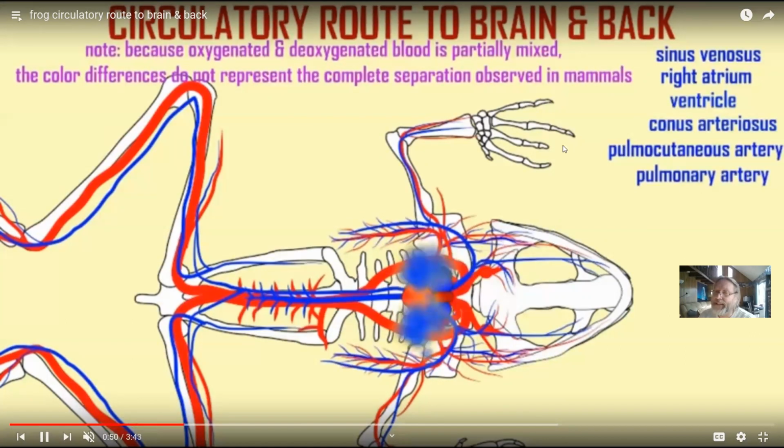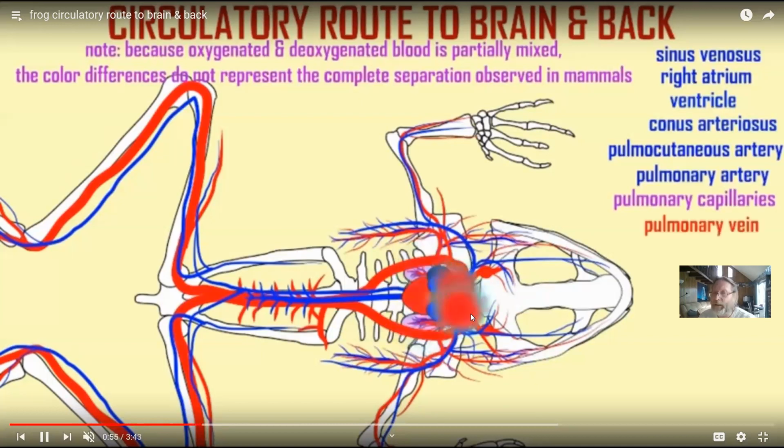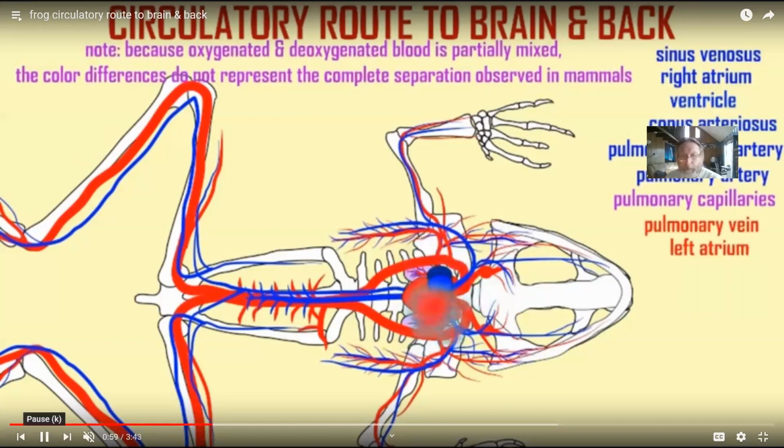Once again, this is that sixth arch now. There we have gas exchange in the pulmonary capillaries. A pulmonary vein goes into the left atrium, something that no fish has, a completely separate left atrium. The oxygenated blood then goes into the single ventricle again, then into the conus arteriosus.